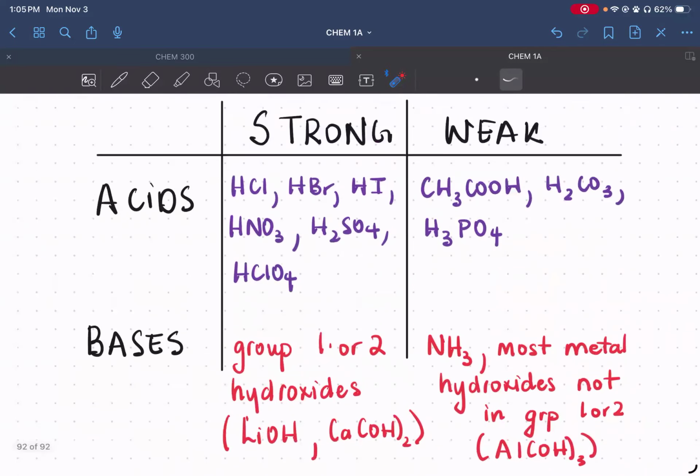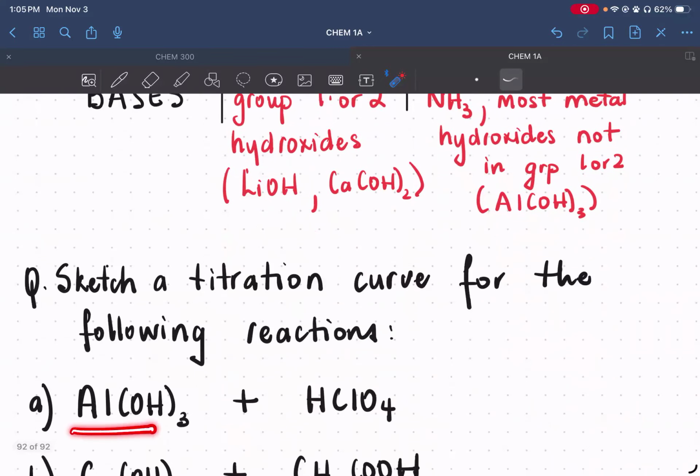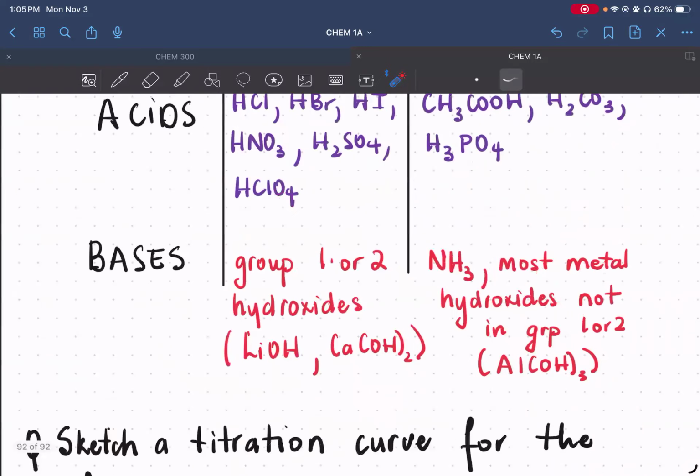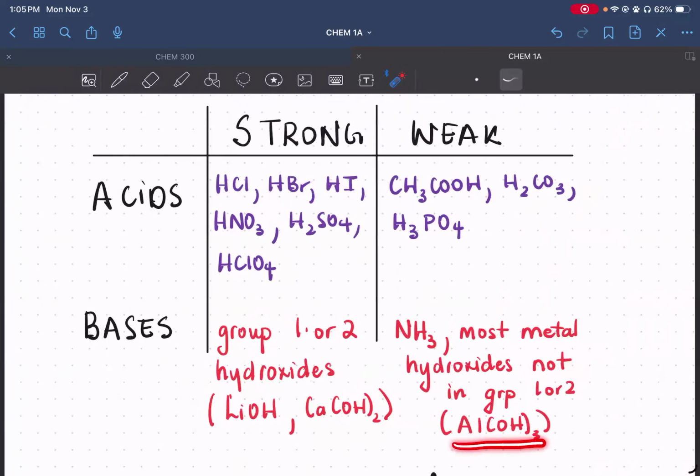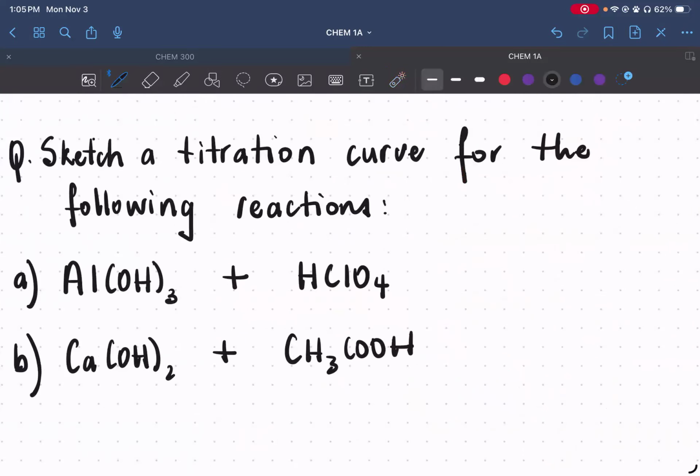To do that, we will refer to the charts. First up, we have aluminum hydroxide. A quick scan of the chart places it here in our weak base section. That's how we know that our aluminum hydroxide is a weak base. I'm just going to label it WB, weak base. And then we have HClO4.